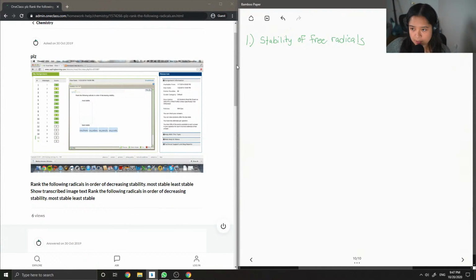Okay, so basically this depends on the inductive effect. It also depends on resonance. And also the mesomeric effect.